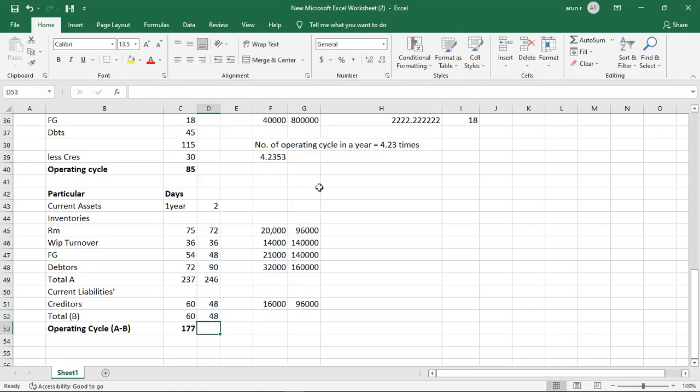Accordingly, you do the sums and work it out. Simple. It will not take much time in the examination. If 5 or 6 marks are asked, an operating cycle question will definitely be asked in the examination. Definitely choose that question and answer it.